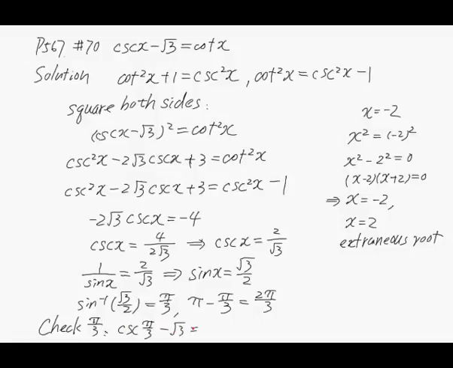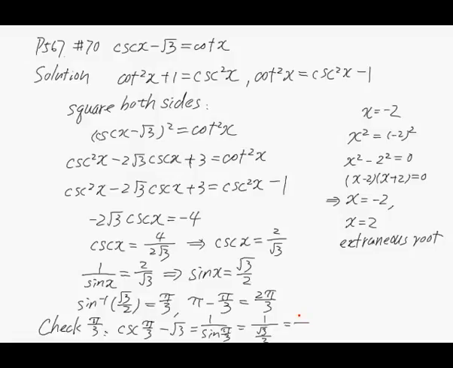And we know cosecant pi over 3 is equal to 1 over the sine of pi over 3, and this is equal to 1 over root of 3 over 2. So let's flip this 2 to the top.